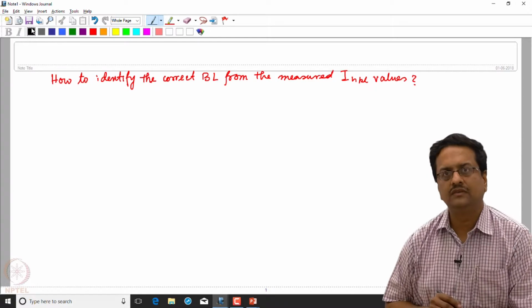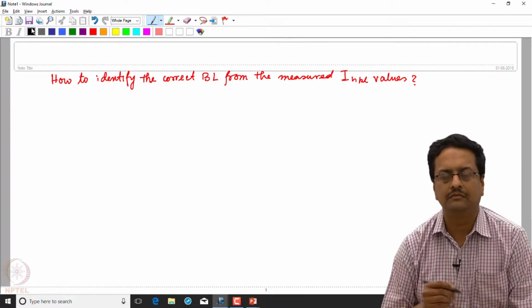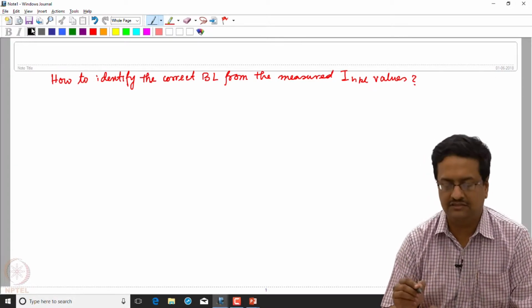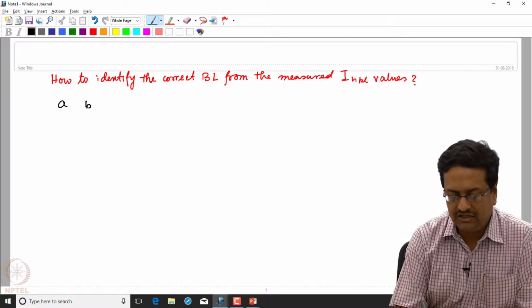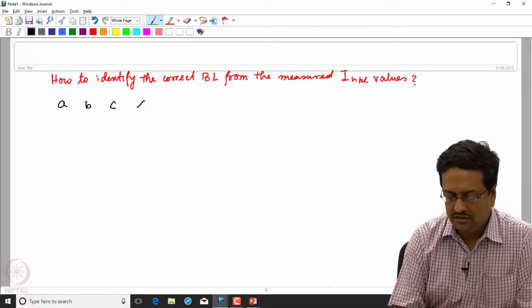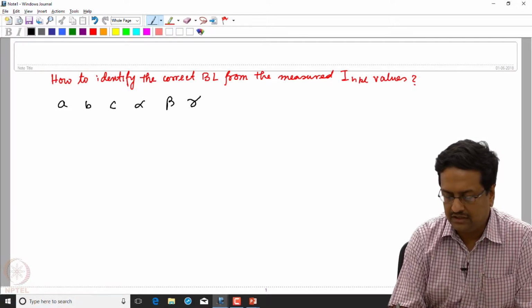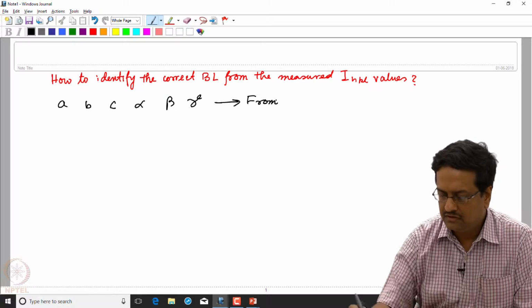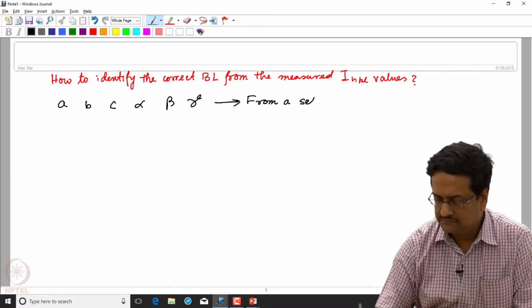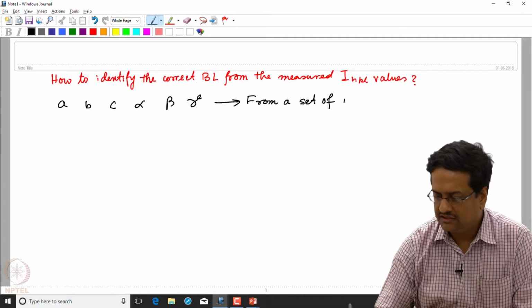There may be situations when we try to index some X-ray diffraction pattern, we may get the values of A, B, C, alpha, beta and gamma from a set of initial reflections.